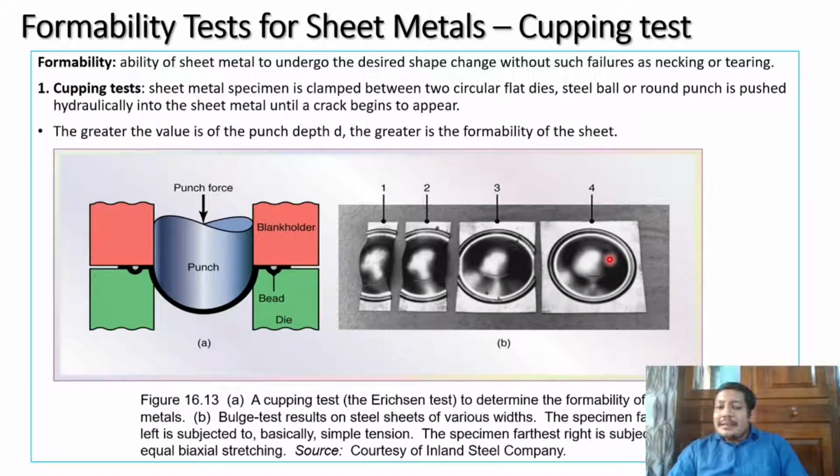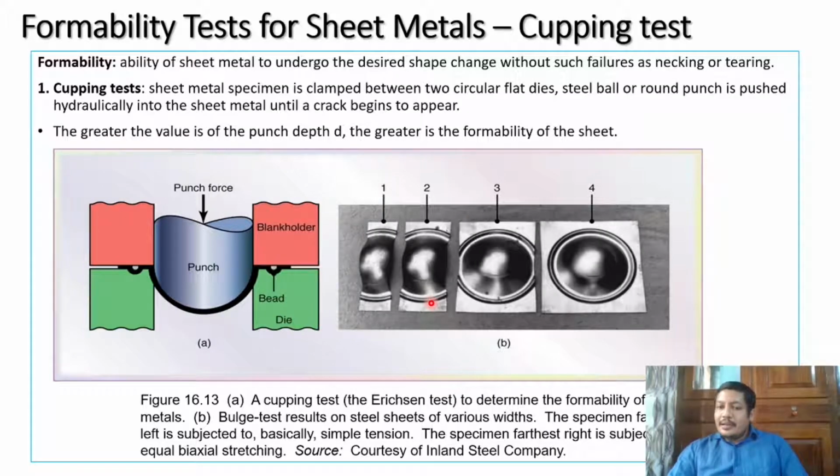So you can get the dimensions of that, and you can understand that up to that point you can load the material easily. Figure A is a cupping test, the Ericsson test, to determine the formability of metal. B is the bulge test results on steel sheets of various widths.